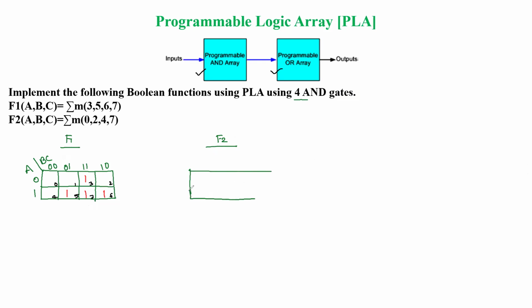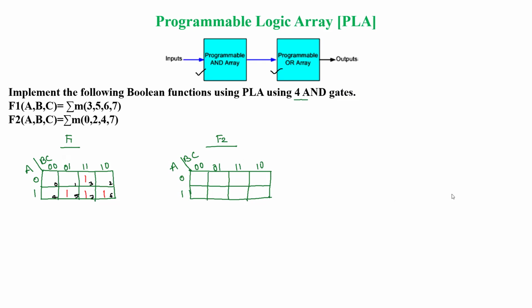If we are not getting 4 product terms, then we have to look for the complement of one function or the complement of both functions to make the number of product terms 4. But generally, the complement of one function is going to give us the desired result. So this is 0, 1, this is 0 0, 0 1, 1 1, 1 0.